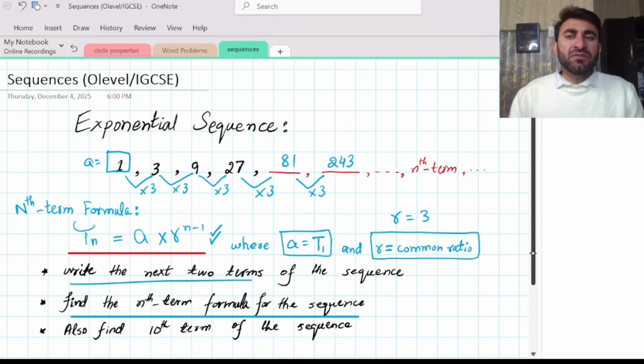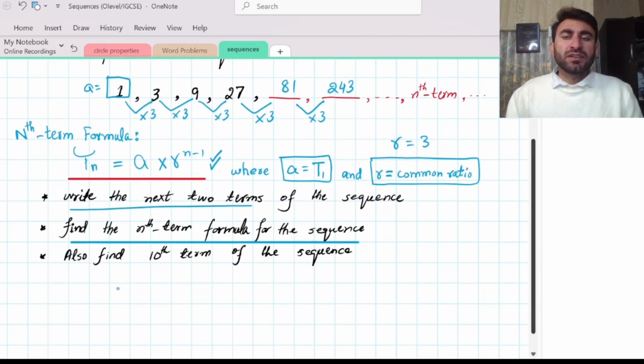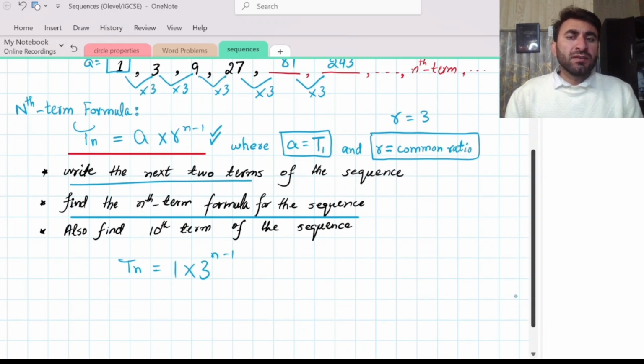Now we replace the values in the formula and that shall give us the nth term relation. So Tn equals 1 multiplied by 3 to the power n minus 1, and because multiplying by 1 doesn't change anything, it shall become 3 to the power n minus 1.